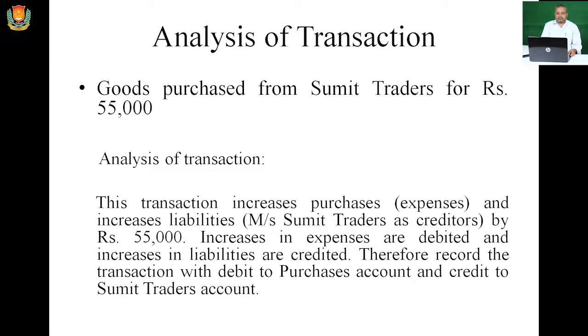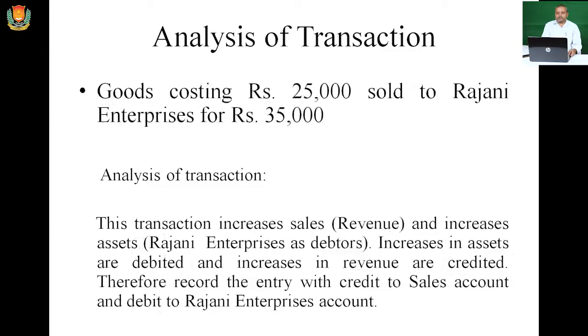Next transaction we have taken is goods costing rupees 25,000 sold to Rajni Enterprises for rupees 35,000. Analysis of the transaction reveals that the transaction increases sales, which is a revenue, and business assets. Rajni Enterprises is a debtor.